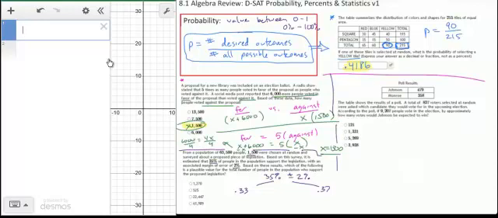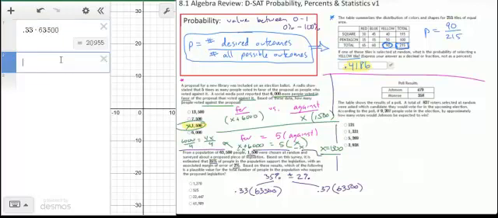So if I take 33% of the number of people that are predicted to vote for this, and I take 37% of that same number of people, this is going to give me the values that my answer should fall between. So 0.33 times 63,500 and 0.37 times 63,500.